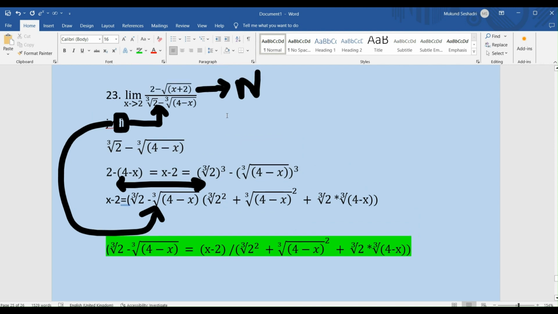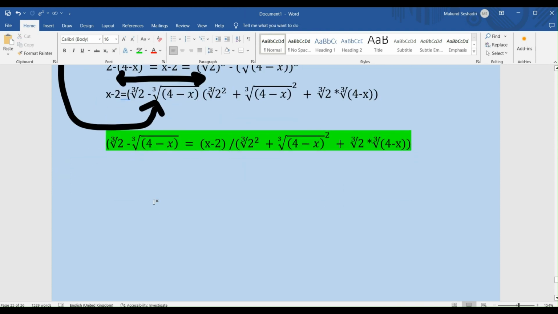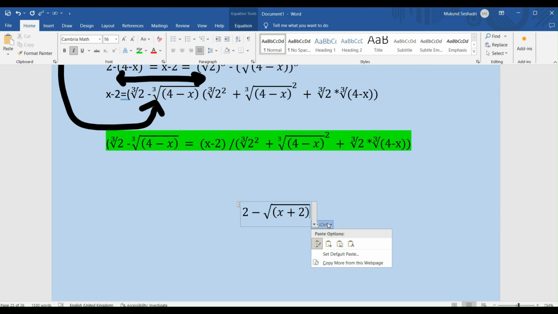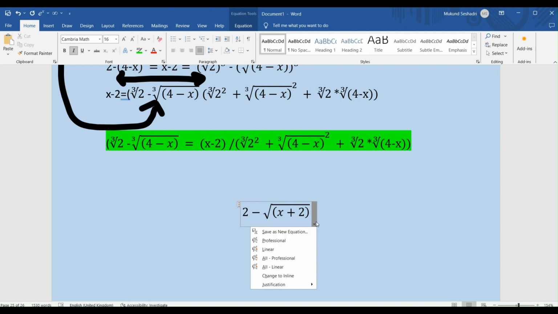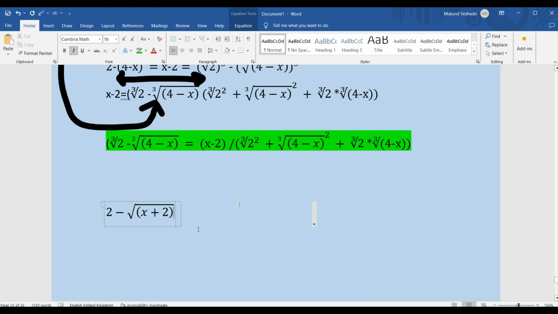Now let me come to the numerator and let me again write this in a separate equation. Let's do a bit of rationalization, right?